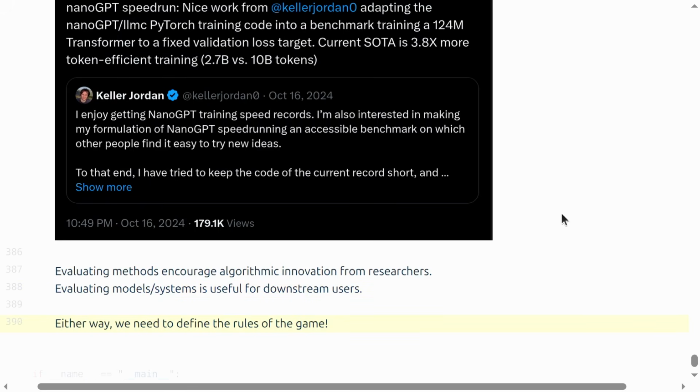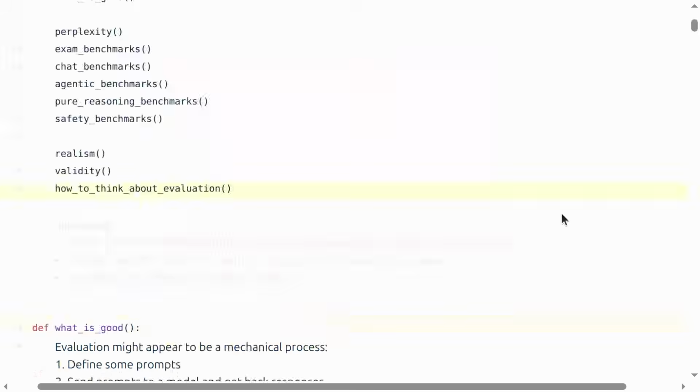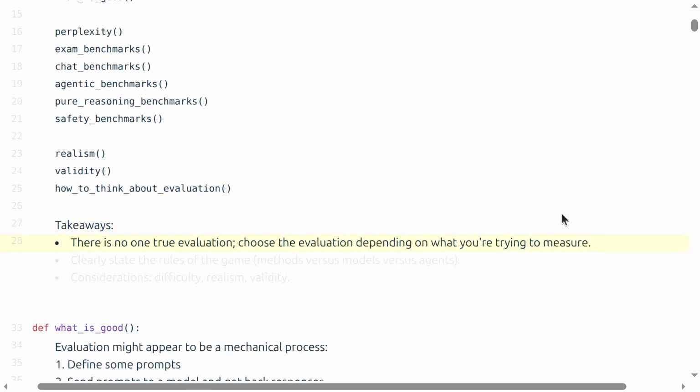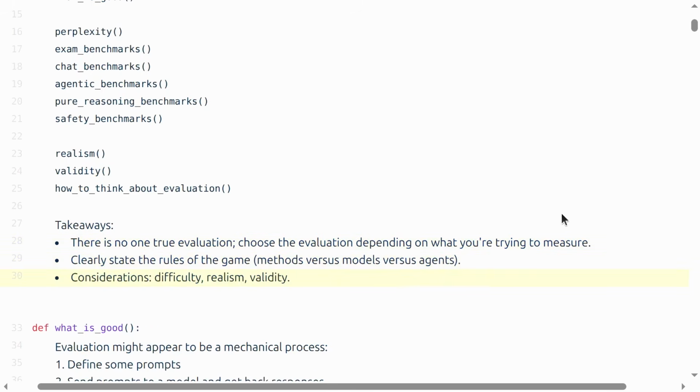But I think the punchline is that you should always be very deliberate about declaring what your goals are. There's no one true evaluation. Choose what you're trying to measure. We talked about a bunch of different benchmarks, starting with perplexity, exam-based, chat, agentic, reasoning, safety.